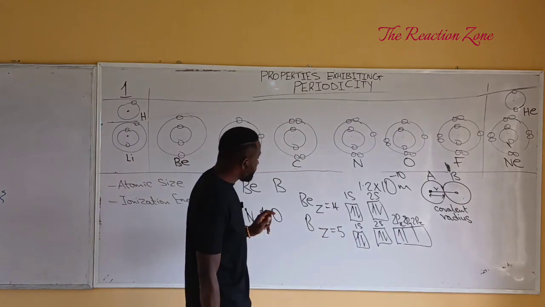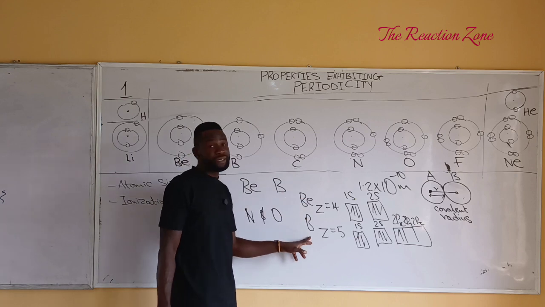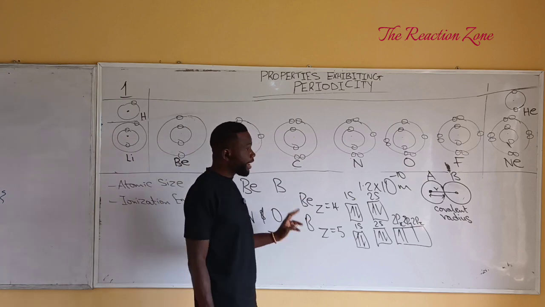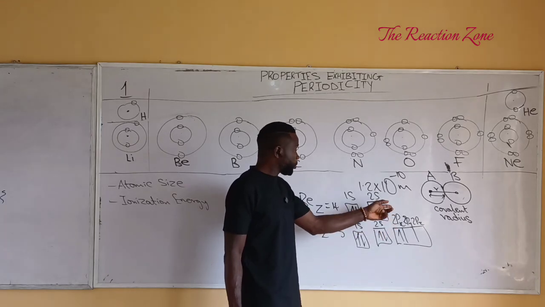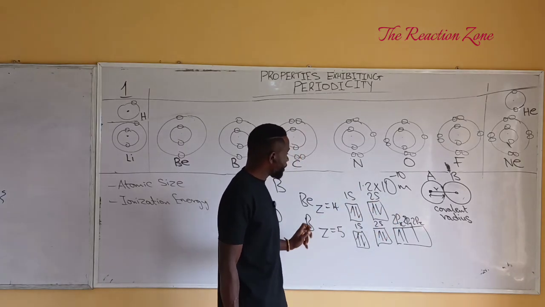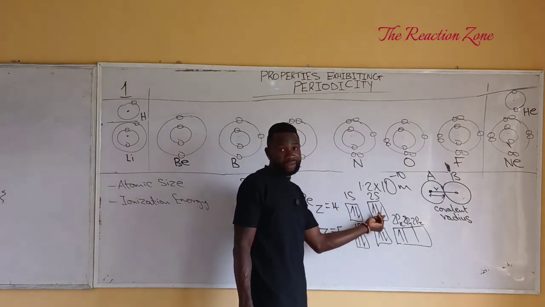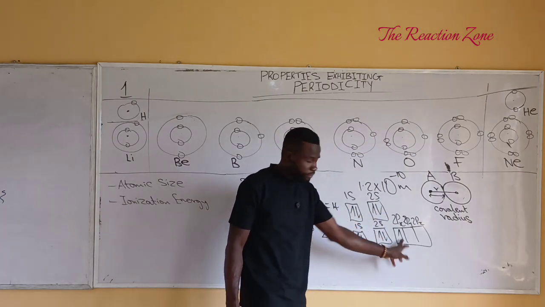So that's the reason why beryllium has a greater ionization energy than boron, because it has a filled subshell. That is, the 2s subshell is completely filled with electrons, and the energy required to remove an electron from this pair is greater than the energy required to remove this unpaired electron.